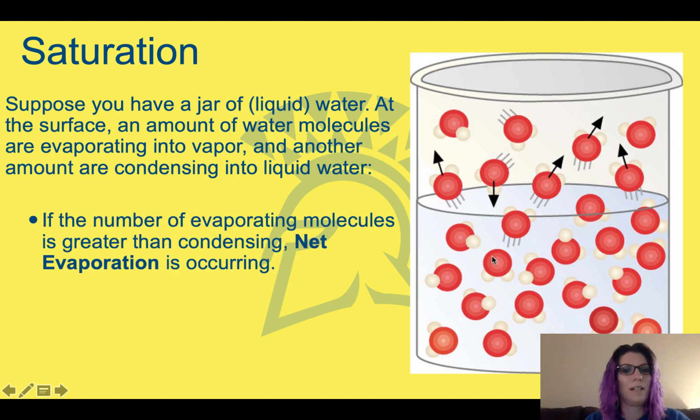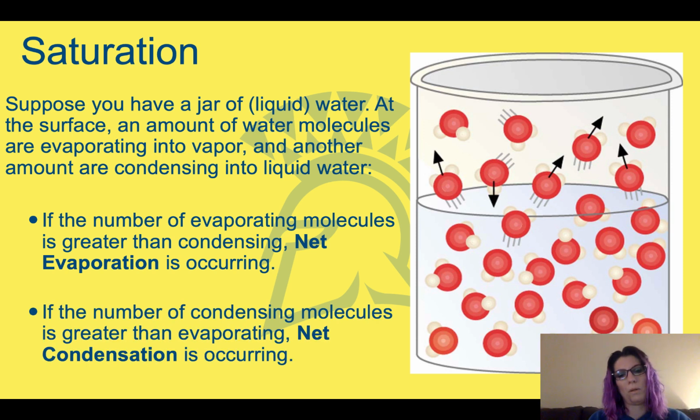That process would be condensation. Now, if the number of molecules that are evaporating is greater than the number condensing, then we have net evaporation. If the number of molecules that are condensing is greater than the ones evaporating, then we have net condensation. It's just kind of like a math equation. If one number is larger than the other, then that variable has more associated to it, whatever we're talking about.